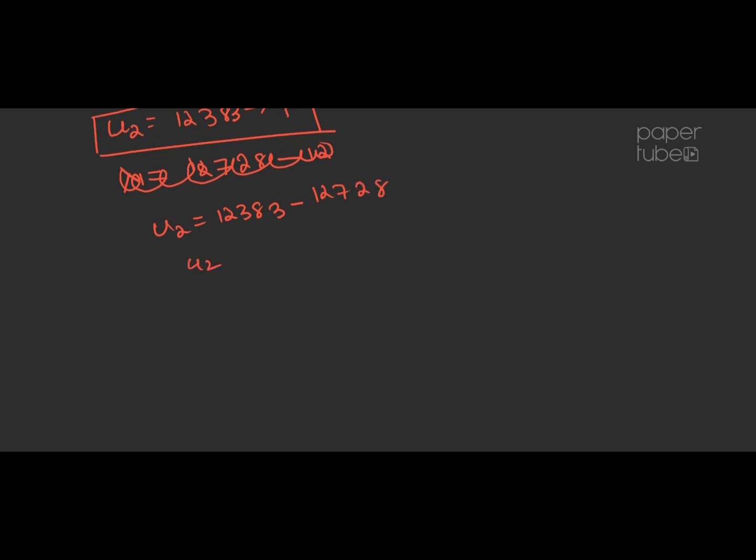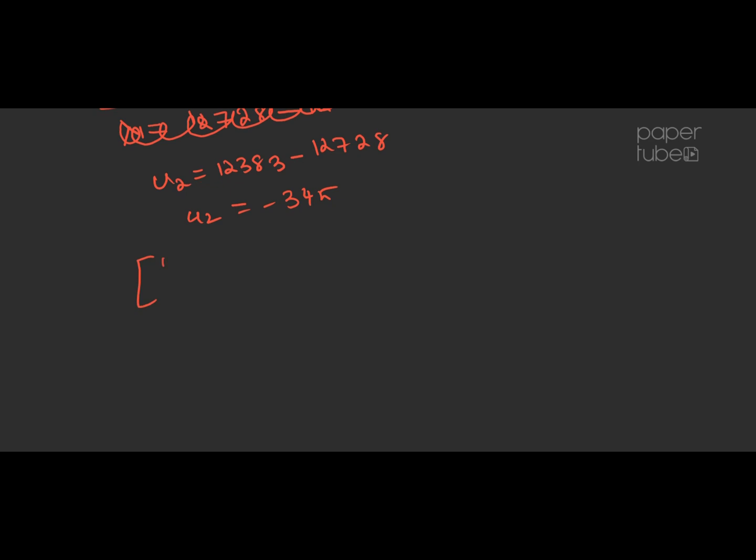That should give a u2 value equal to minus 345. So you already got the eigenvector: u1 is 2067 and u2 is equal to minus 345.